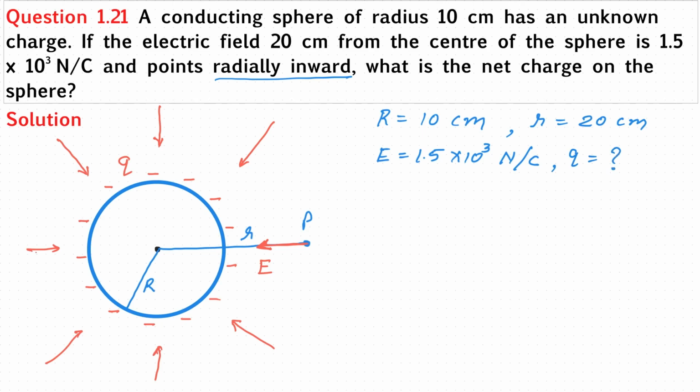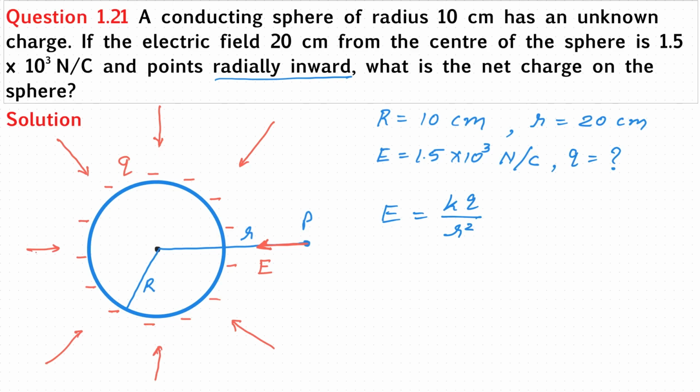Here the electric field equation for a sphere like this is very simple. It is E = KQ/r². You know, this is the equation of electric field for a point-like charge, as well as the electric field for a point outside the sphere.